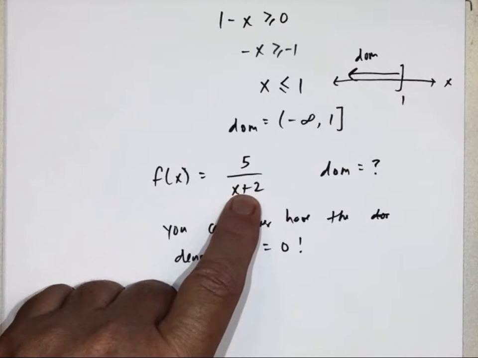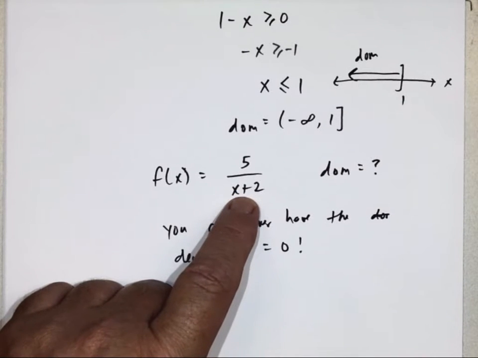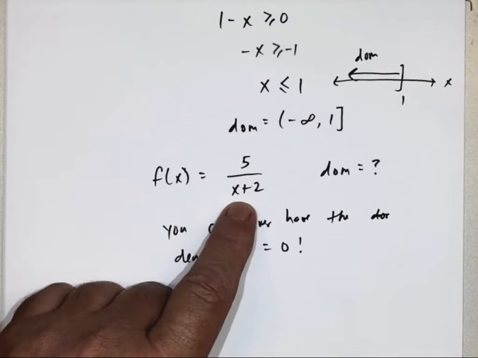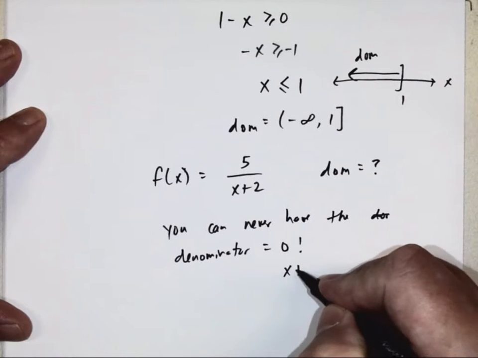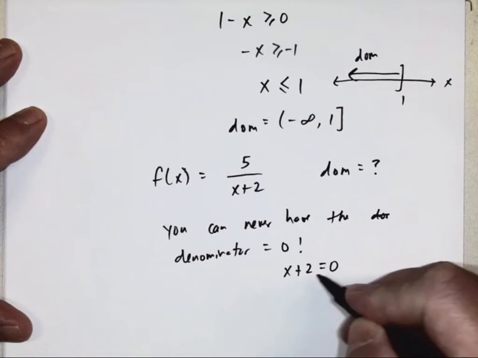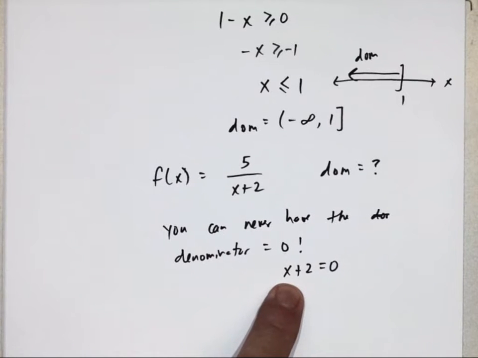So if I look up here, then I have to ask myself, all right, well, what value of x would cause this denominator to be 0? In a sense, what I'm saying is I need to solve this little equation, and when I solve it for x, that is what I know x better not ever be equal to.